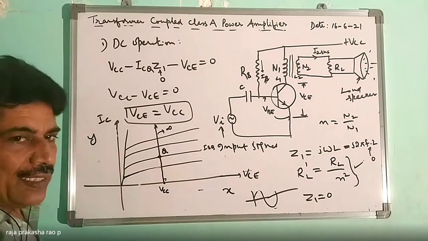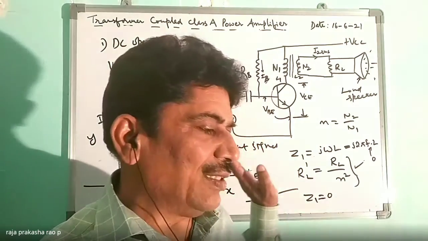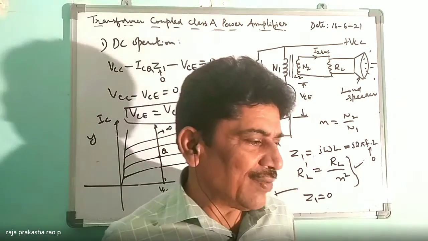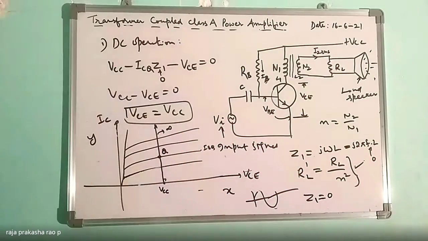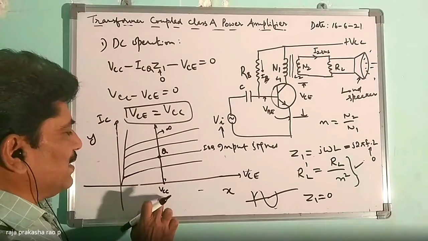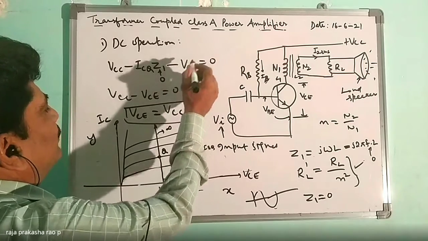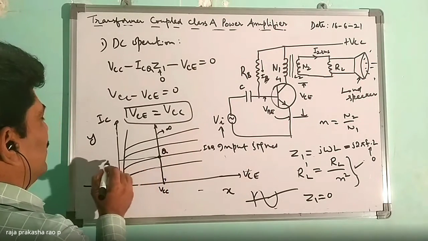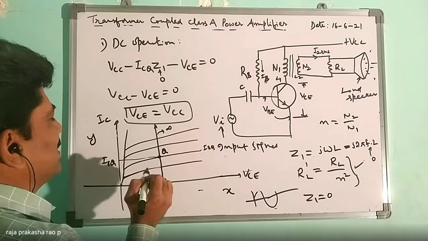Then the load line should intersect with the x-axis and y-axis, but here it is intersecting only with the x-axis, not the y-axis. This is all about the DC operation. This is VCC. The point corresponding to Q is ICQ, and this is VCC.